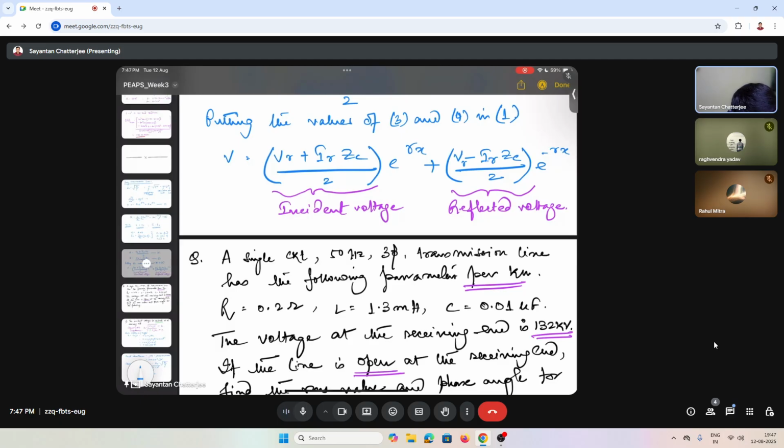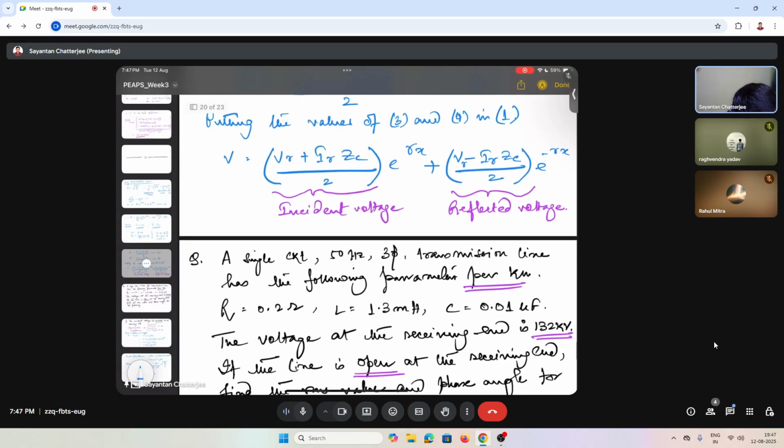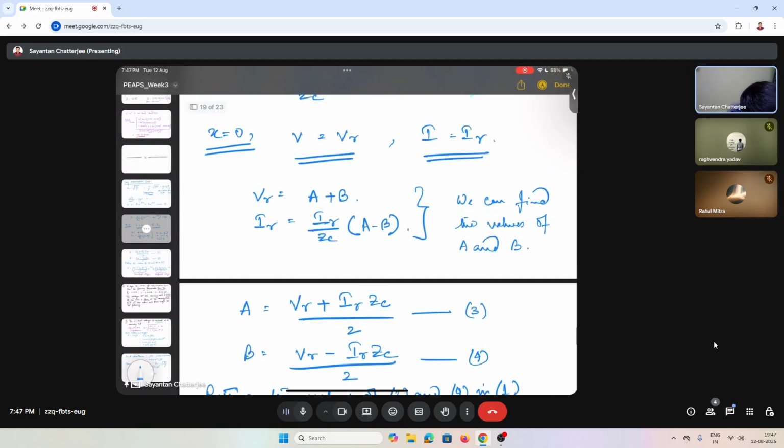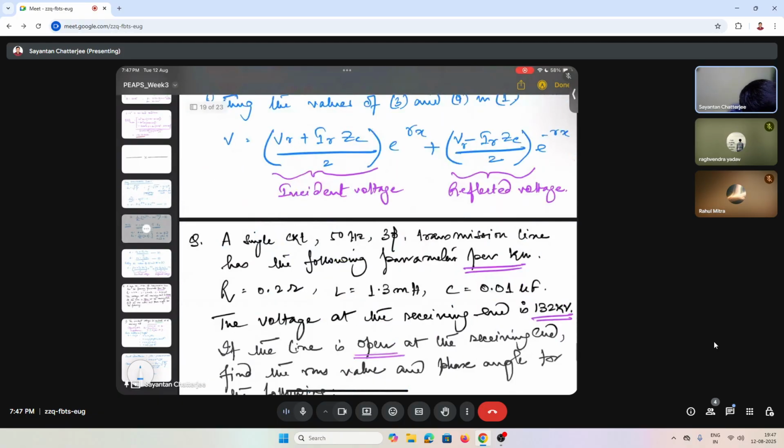So the question, in that case, when no load is connected, since for the first and second question no load is connected.